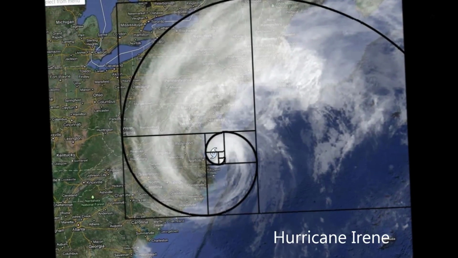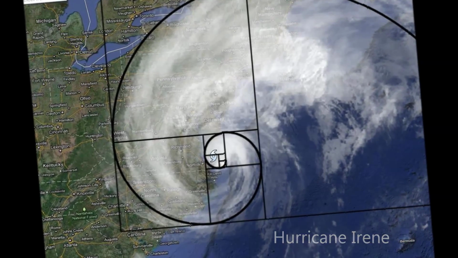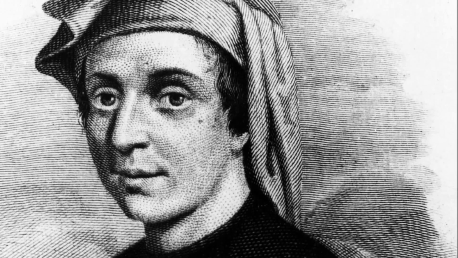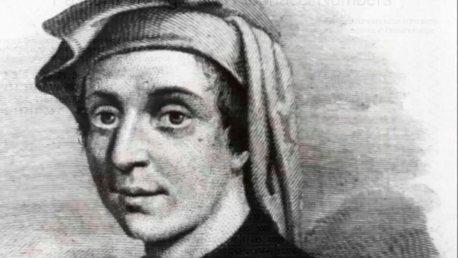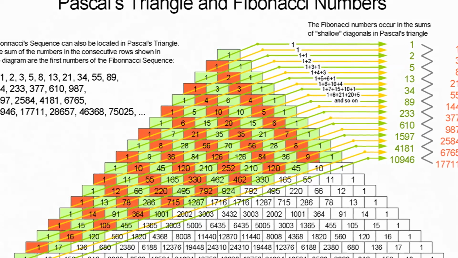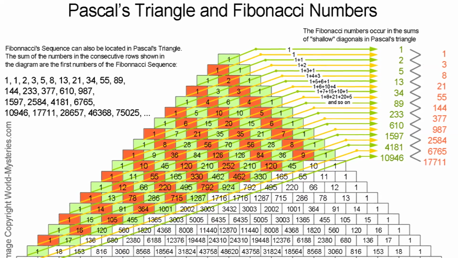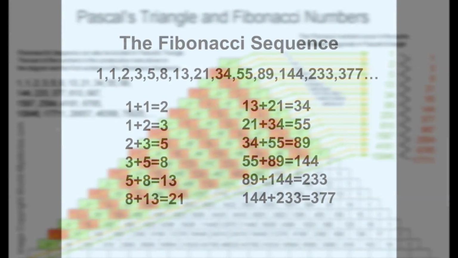To be more precise, nature moves water and air using a logarithmic or exponentially growing spiral known as the Fibonacci sequence, named after an Italian mathematician, Leonardo Fibonacci di Pisa, who came to be known as the father of Western mathematics. The Fibonacci progression is a mathematical sequence that is produced by starting with 1 and adding the last two numbers in the progression to arrive at the next.